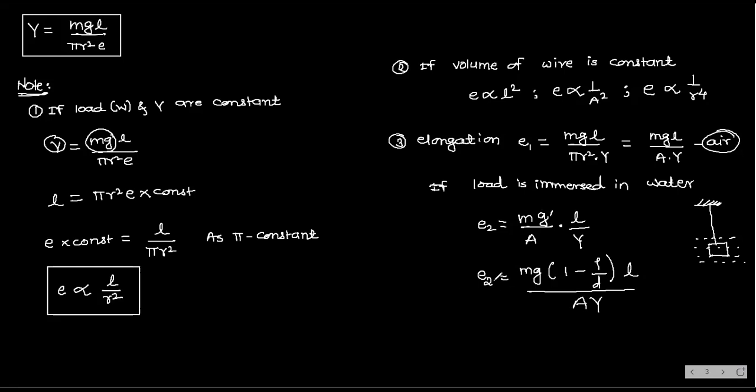Okay, right, where this rho is what? Liquid density. And this small d is density of block, which we have hung here. Got it? That clear?